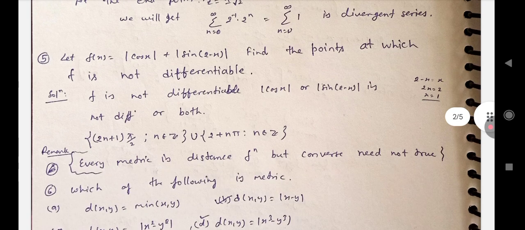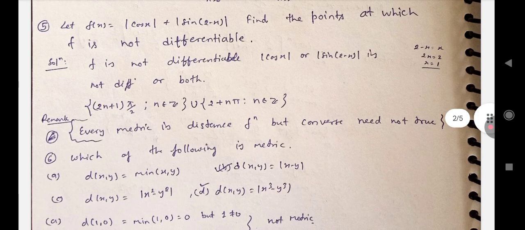Now, the 5 number question. We are given the function f(x) equal to mod of cos x plus mod of sin(2 minus x). Find the points at which f is not differentiable. We need to find those points.